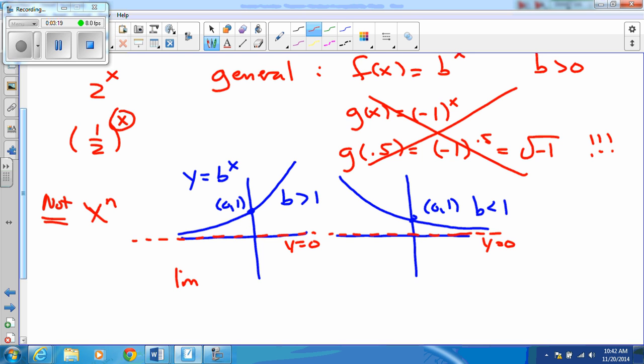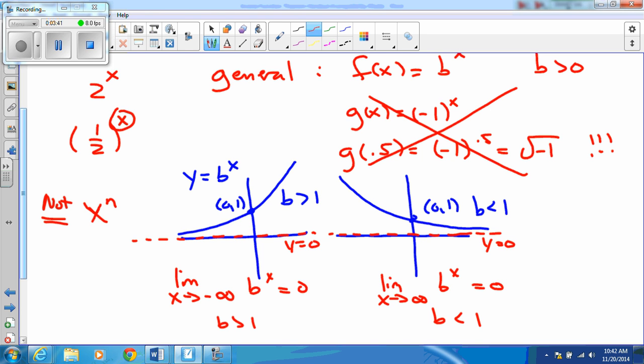Here we would say that the limit as x goes to negative infinity of b to the x is equal to 0 for b greater than 1. And we would say that the limit as x goes to positive infinity of b to the x is equal to 0 for b less than 1.